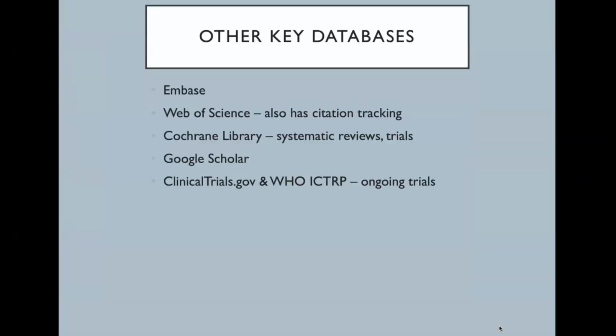All right. Other key databases to use besides PubMed, I spoke a lot about PubMed. Embase is another database that can be a little more broad, including other types of articles, including abstracts and conference presentations. Web of Science is another, very similar database. It also has a really cool citation tracking software, which allows you to look at how much an article has been cited, and that gives you a metric of how popular this topic is within a year or a span of years.